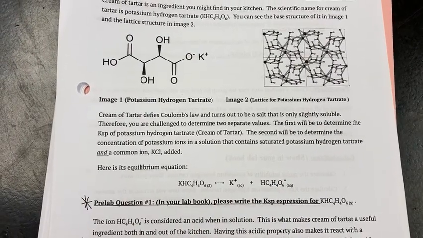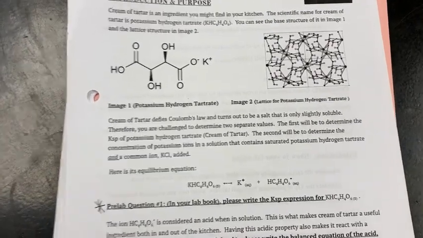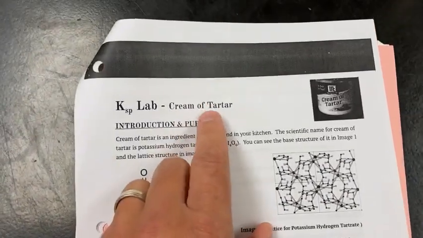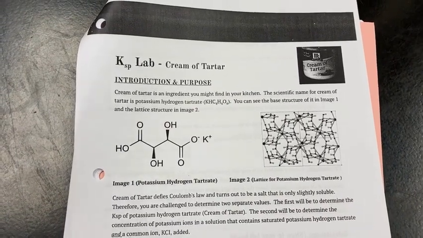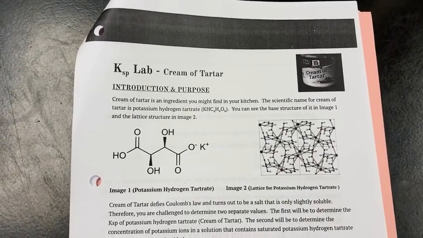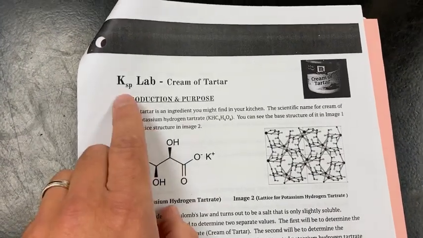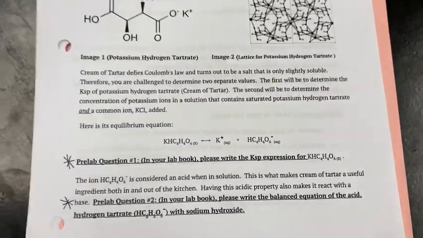And so to figure out both parts of this lab's problem, figuring out the KSP for this substance, as well as figuring out in a second substance the amount of potassium that I dissolved into the saturated solution of this, we can use titration, an acid-base titration.